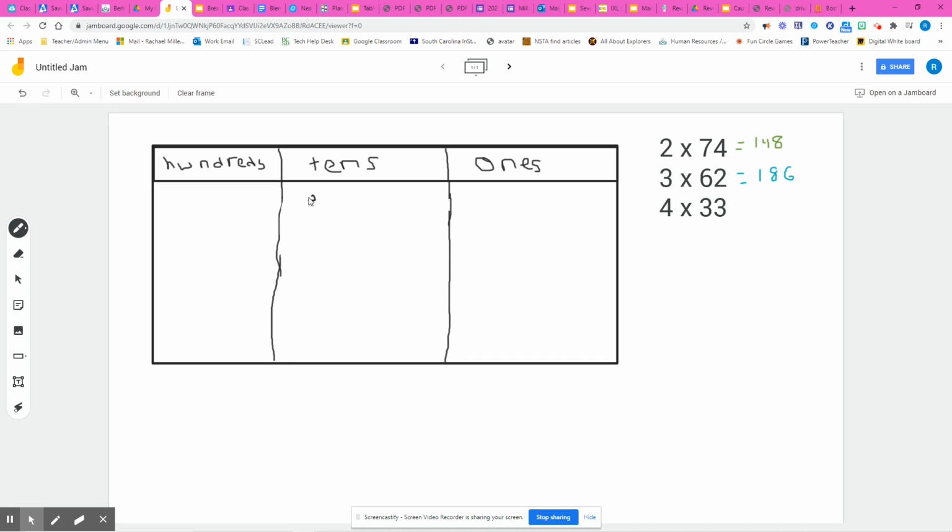So we're going to put 3 tens and 3 ones. Now I'm multiplying that number by 4. So I want to give myself 3 more groups of 3 tens and 3 ones to make 4 groups.